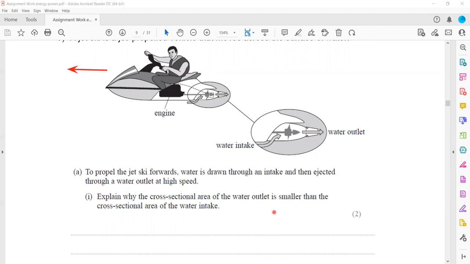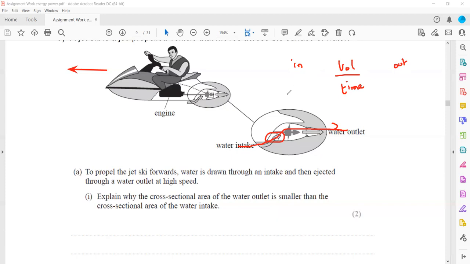So the one which has a smaller area will have a greater change in speed. The volume of water entering and leaving every second is the same, so the flow rate, the volume of water per unit time, coming in and going out will be the same.